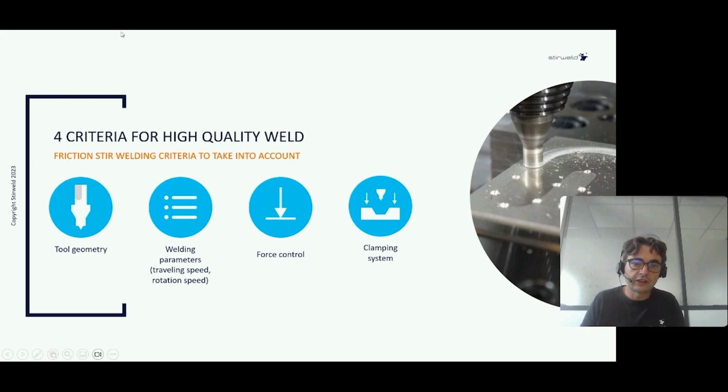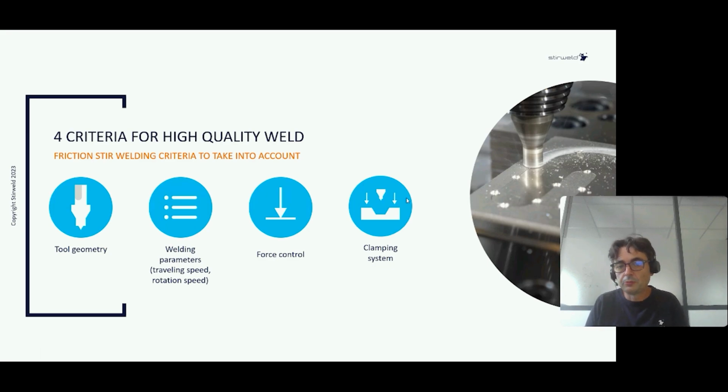The second criterion is the welding parameters: traveling speed and rotational speed. Criterion number 3 is the force control, which I will discuss later in this webinar. We apply a constant pressure during the friction stir welding process. And the last criterion is the clamping system itself.